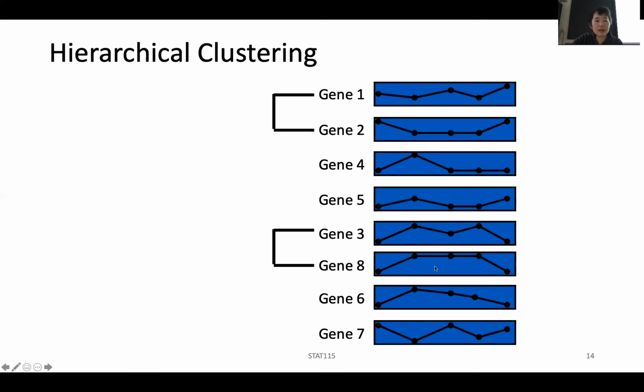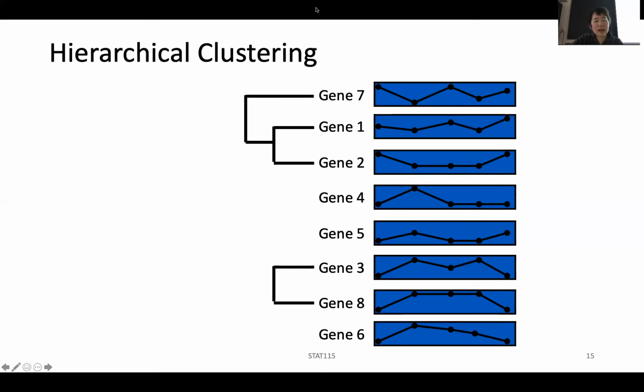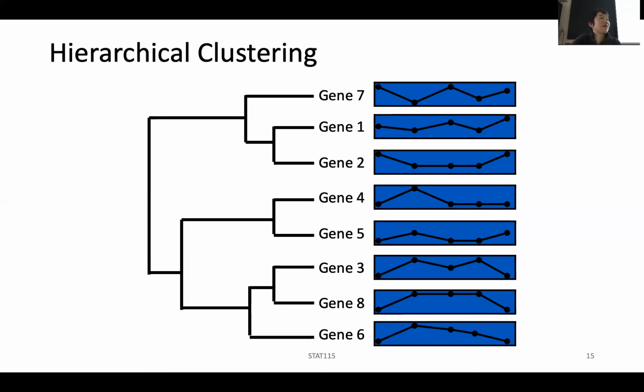You can see it's like this. Then this will form a new node, and you will calculate the new node's distance to all the other existing genes or nodes again, and then again pick the pair with the closest distance to merge. In this case, you pick 7 to merge with the initial group, and that forms a new node. And every time you have a node, you calculate its distance to all the other genes or nodes. And then you just do this repeatedly until you finish merging everything.